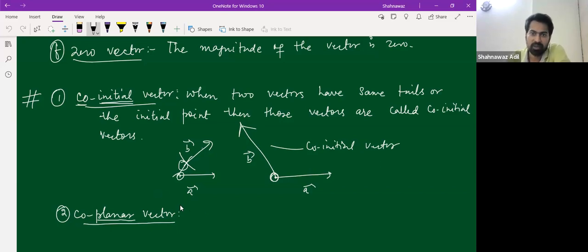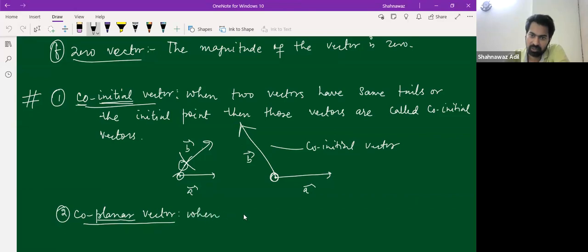If you are seeing your laptop and you draw some vectors on that laptop, those vectors would be coplanar. But if you put some vector which is coming out of that laptop, that would not be coplanar.